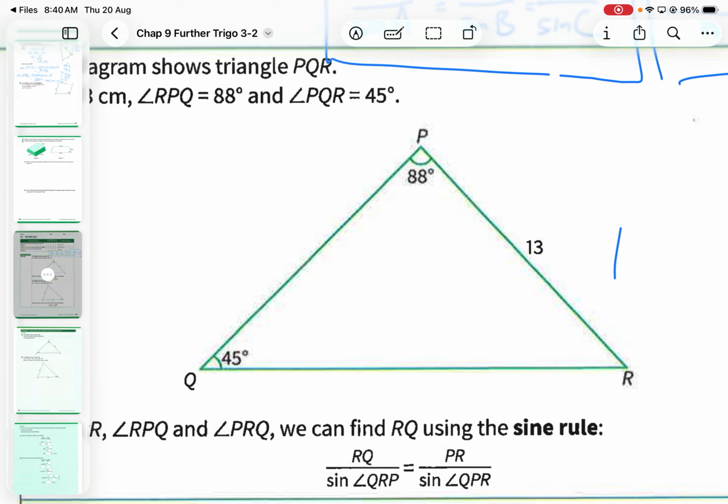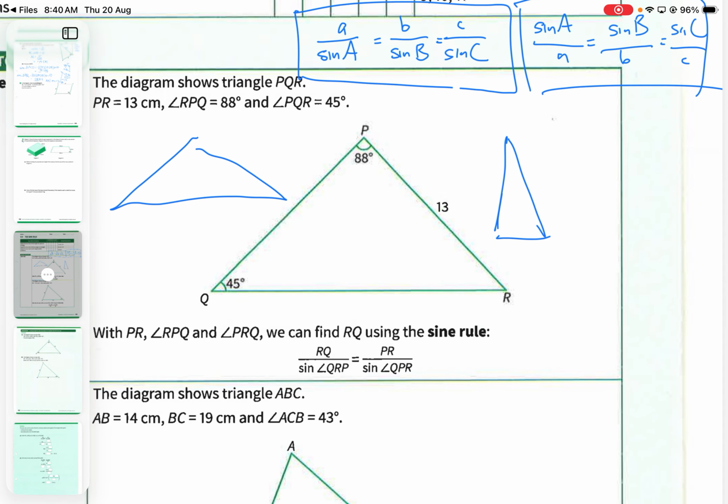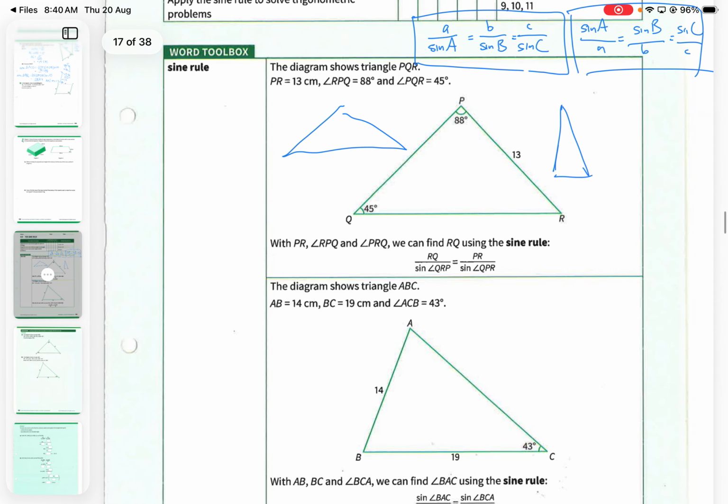Okay? You see a triangle, you can tell already. Small angle, small side. If I have a bigger angle, I will have a bigger side within the same triangle. So if I have a triangle like that, angle small, shorter side.